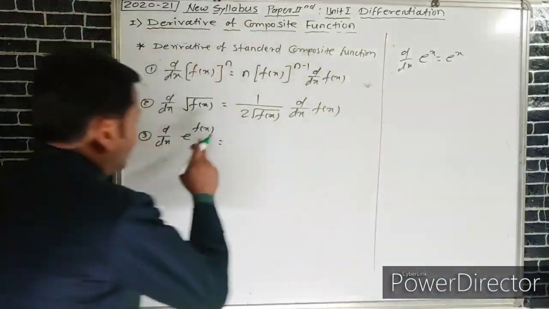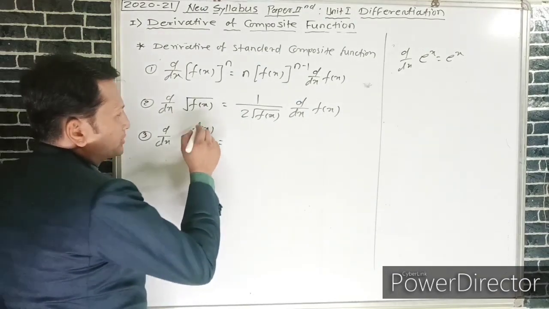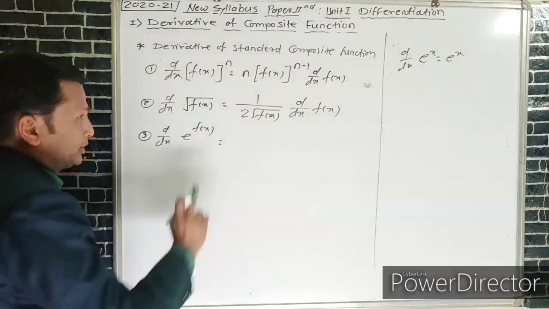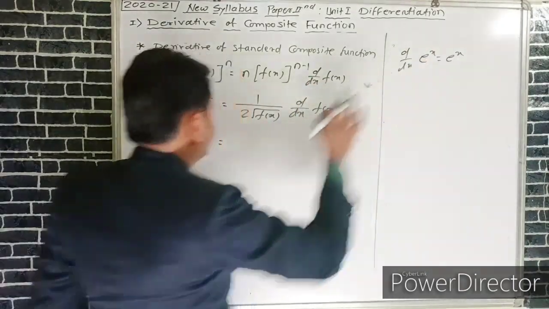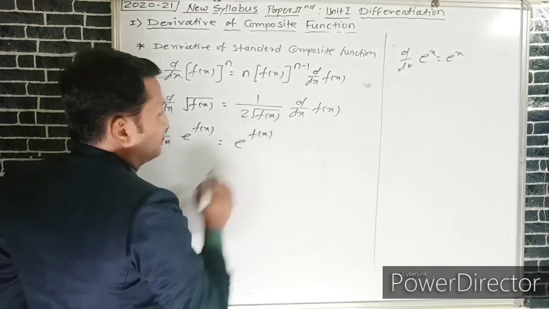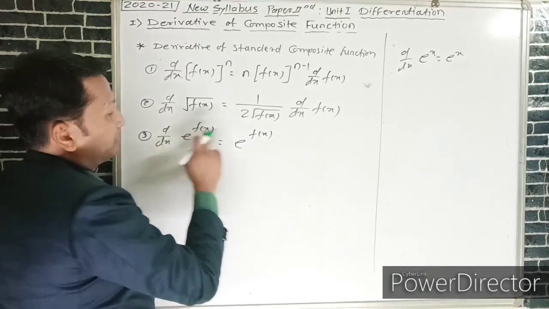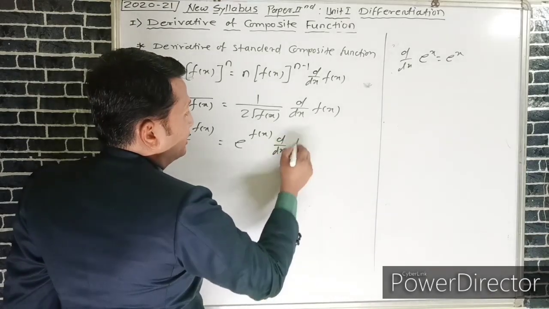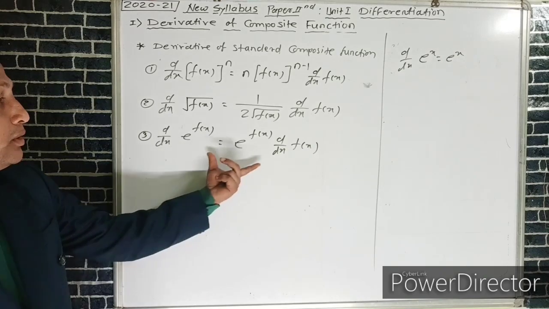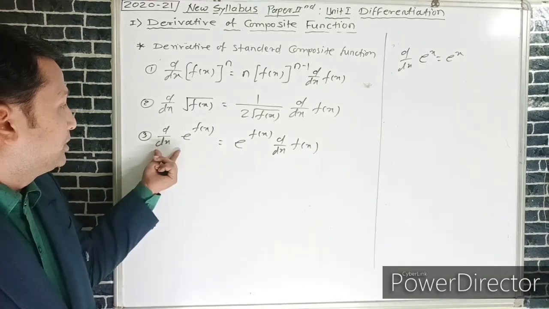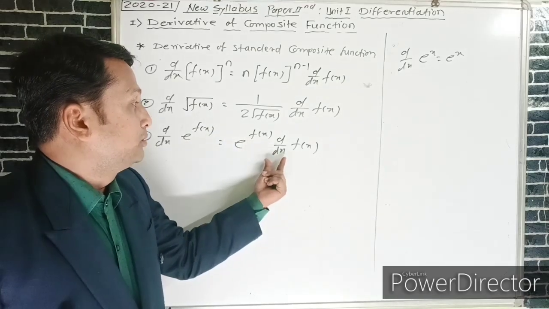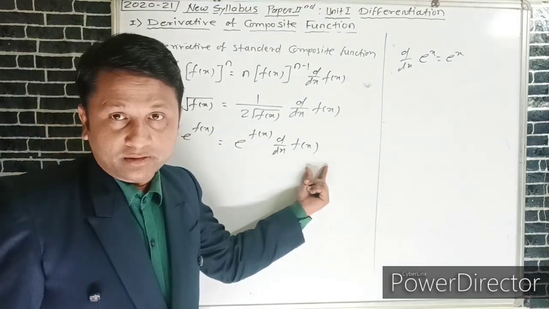Hence, we can write the derivative of e to the power f of x. आपल्याला f of x ला कंपोज करून x कन्सिडर करावं लागेल. e to the power x चा डेरिव्हेटिव्ह e to the power x च आहे, त्यामुळे e to the power f of x चा डेरिव्हेटिव्ह सुद्धा e to the power f of x च येईल. बट कंपोज केलेल्या फंक्शनचा मीन्स f of x चा परत डेरिव्हेटिव्ह घ्यावा लागेल, which is a standard form of the derivative of composite function. d upon dx of e to the power f of x is equals to e to the power f of x into again the derivative of f of x.